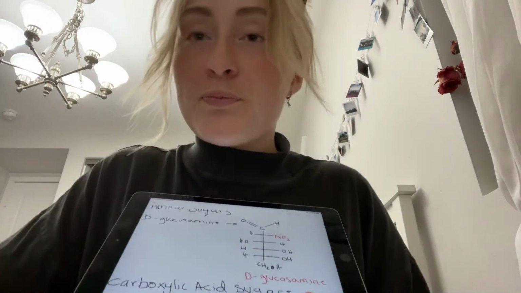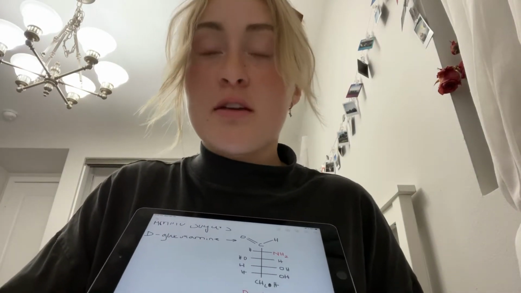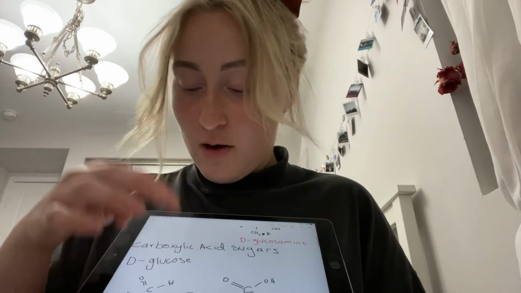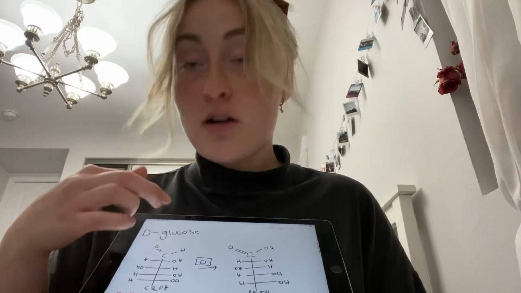Next, we have the carboxylic acid sugars. In a carboxylic acid sugar, an aldehyde group, CHO, of a monosaccharide has been replaced by a carboxyl group, COOH. Another thing with carboxylic acid sugars is they are oxidized.